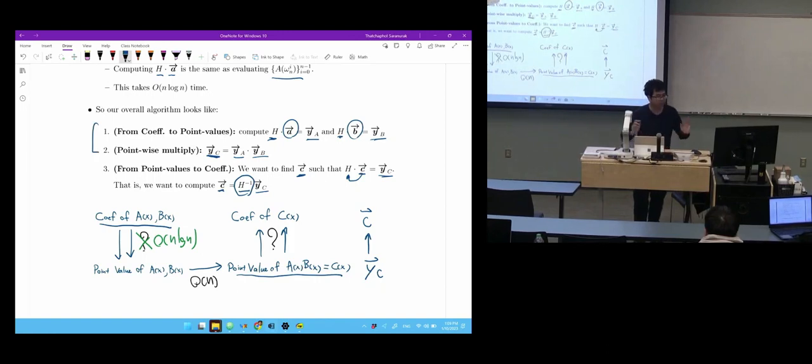These two steps, we are done. But we don't know how to do the last step yet, because how does H inverse look like? How do we multiply a vector by H inverse fast? That is not clear. But what I want you to get up to speed on is that up to this point, all we need is to know how to multiply a vector by H inverse fast. If you are done with this, you are done. That is, we're going to complete the last step.